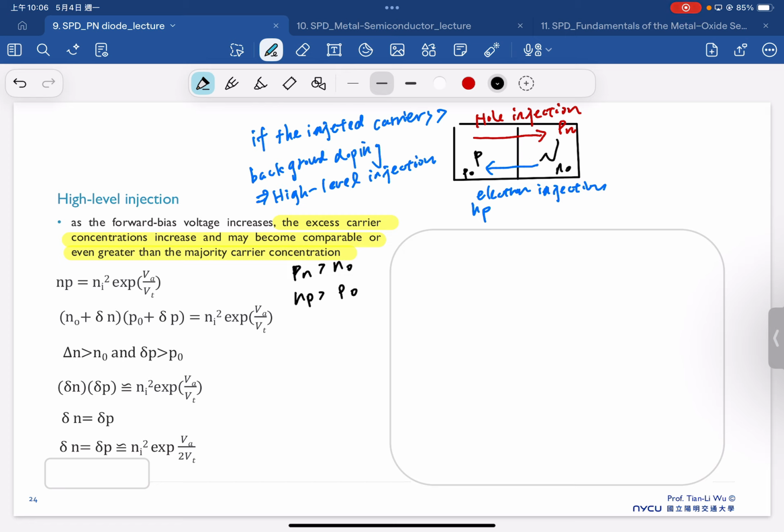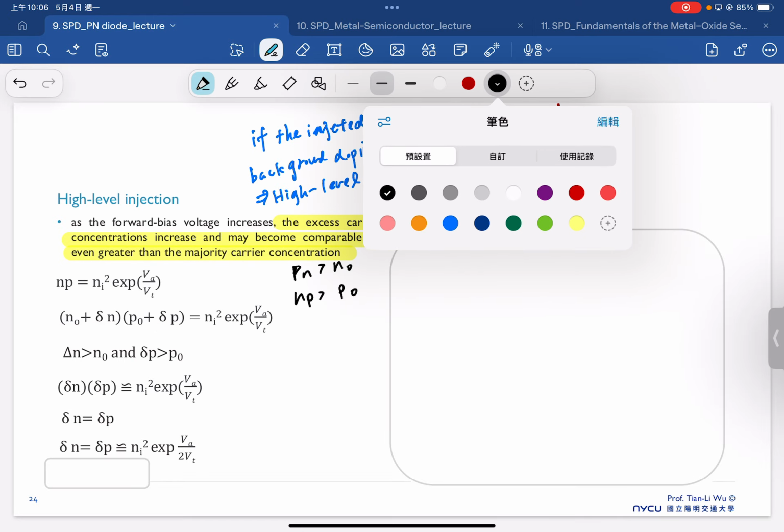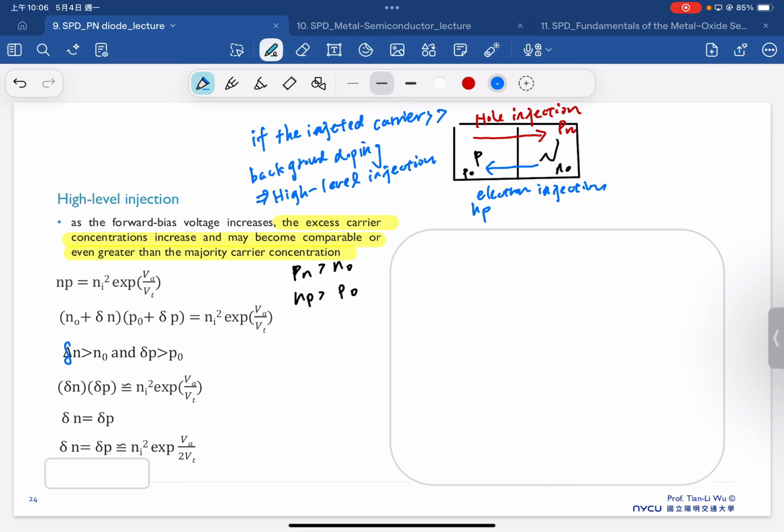So we're starting from the basics, where we have been shown that Np is equal to Ni squared exponential Va over Vt. But now we have to consider there's excess carrier delta N and delta P here. And now the delta N is larger than N0.